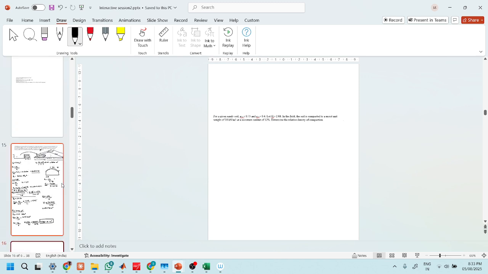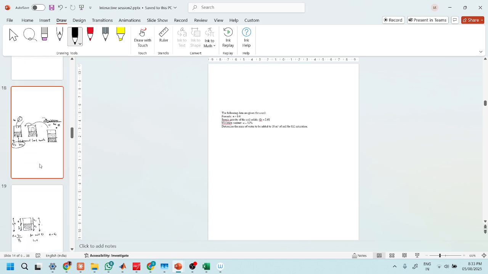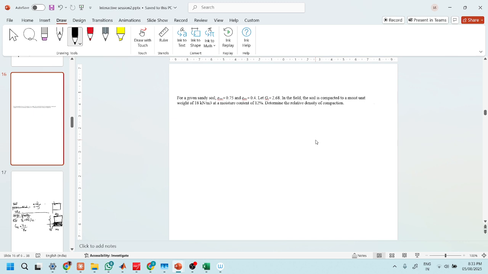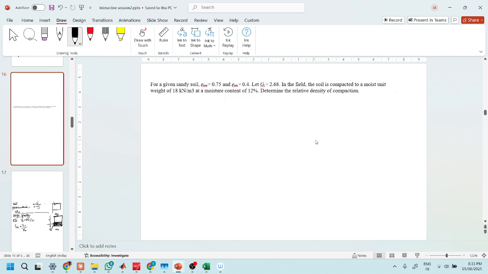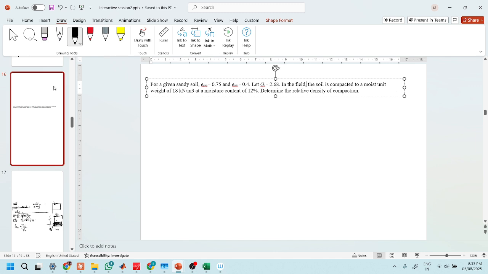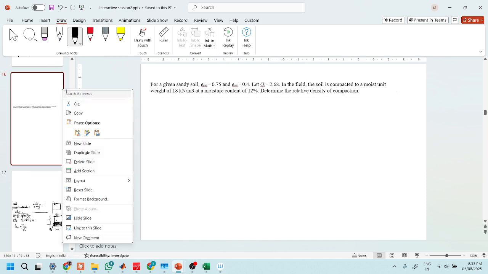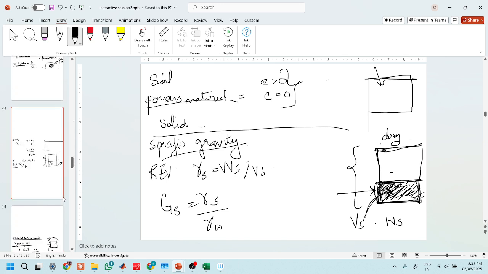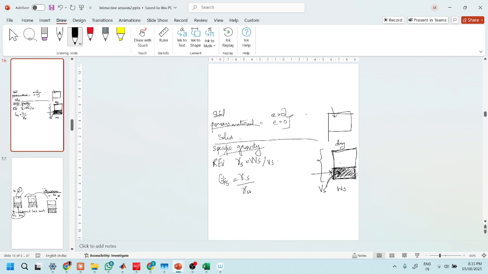Just one question left. For a given sandy soil, liquid density, actually this does not belong there. I think that is it for today.